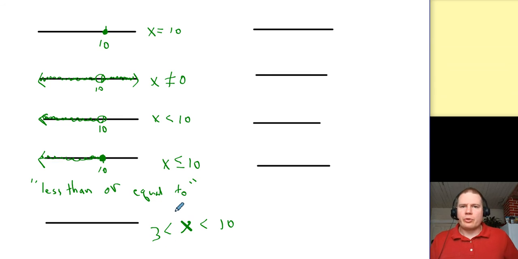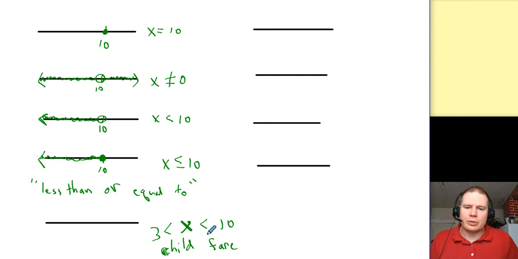So the place where I see this probably most often is in age-based pricing, right? You're allowed into the museum for free if you're 3 or younger. If you're older than 10, you're considered an adult, and so you have to pay full price. But for the child fare, the child price to be admitted, you're between the ages of 3 and 10.